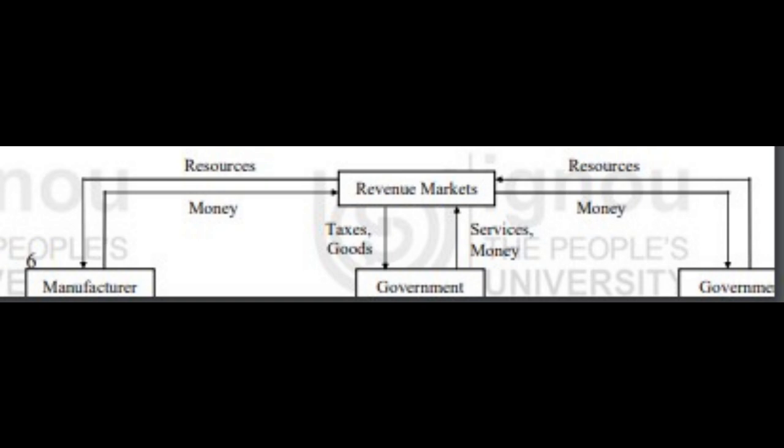Government in this figure is yet another market playing two roles, buying goods from resource, manufacturer and middlemen markets and paying them, as well as taxing these markets and in return providing required public services. Thus, each nation's economy consists of a complex set of markets which are linked through exchange processes.